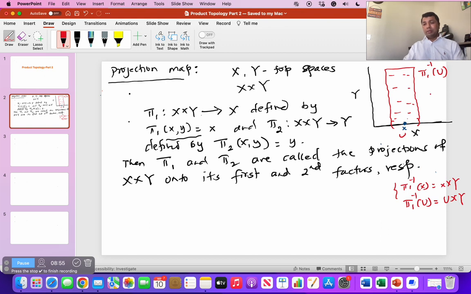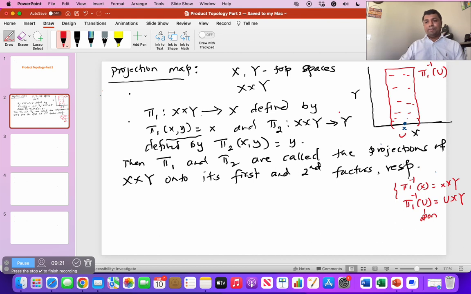I'm giving the visualization, or graphical representation, of the inverse image of U. And if U is open, then this inverse image U cross y is obviously open because y is a topological space and U is open. So the Cartesian product of two open sets is going to be open in topological spaces, okay.